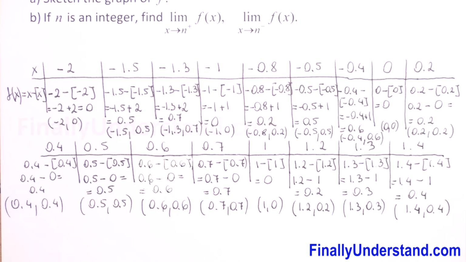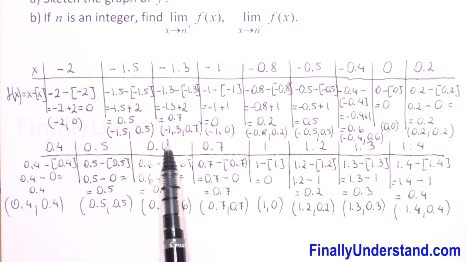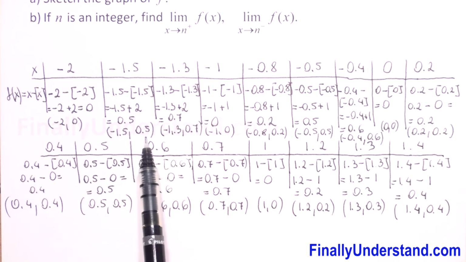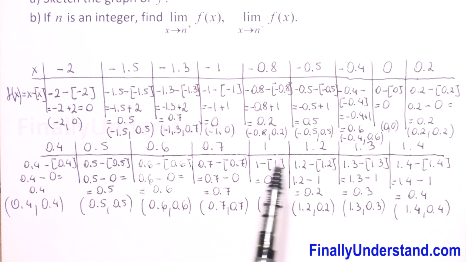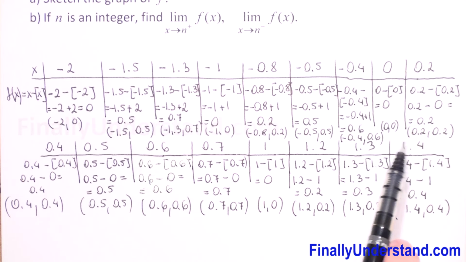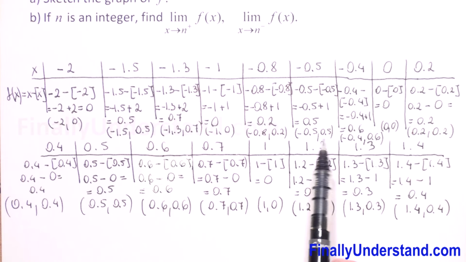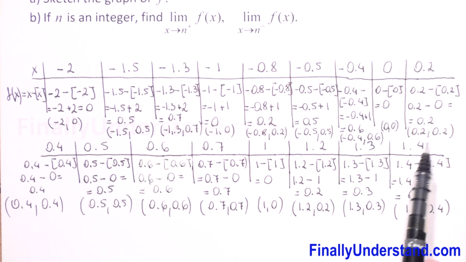Like you see, the x, it means the first coordinate, can be any real number, but we see that the second coordinate is always nonnegative and is never greater than or equal to 1.